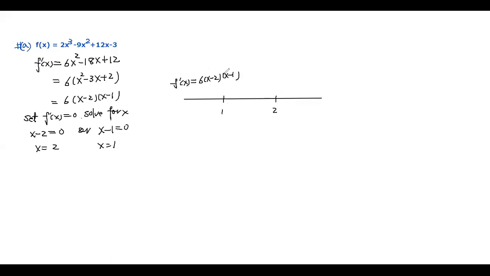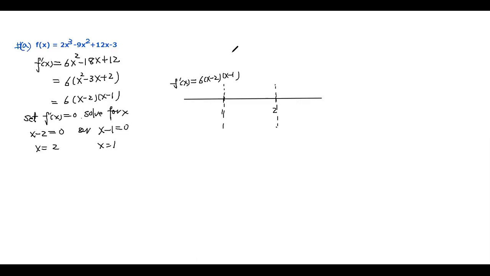The way we decide is you choose any point in each interval, so you divide this line into 3 different intervals, then you put the point into f prime x to see whether you get a negative or positive.